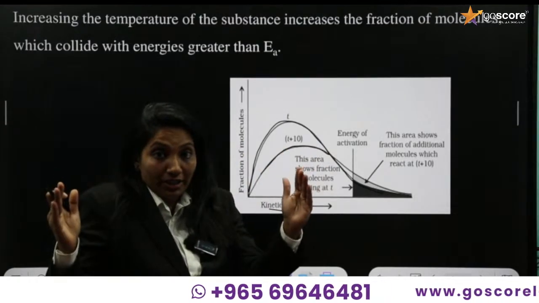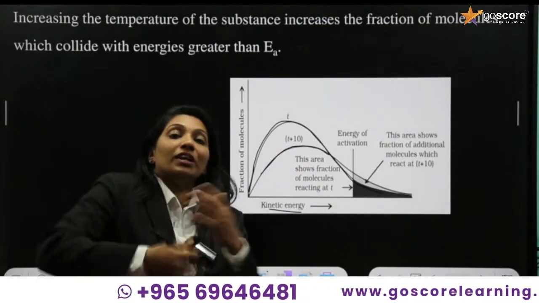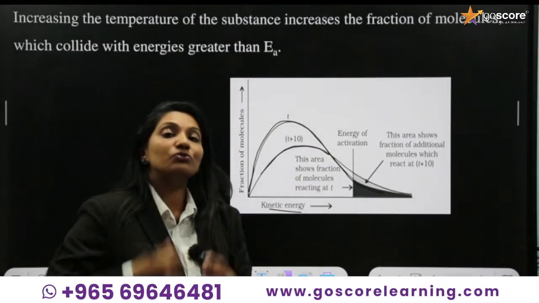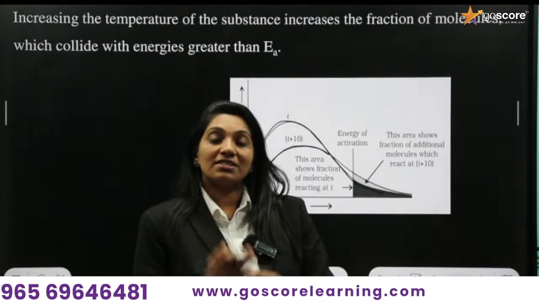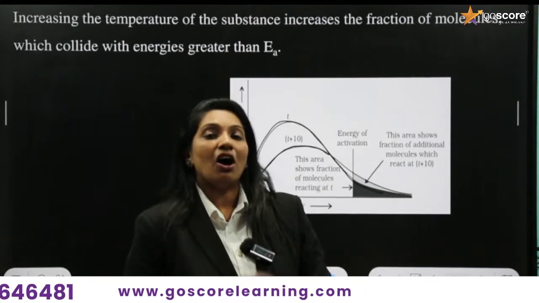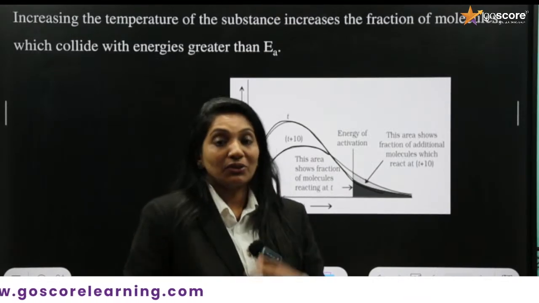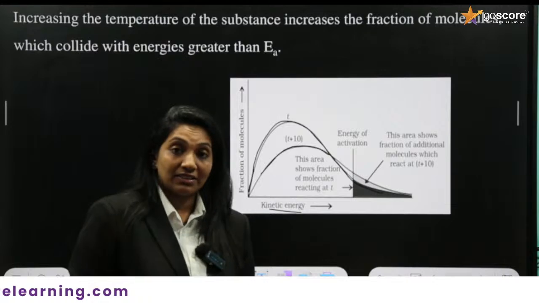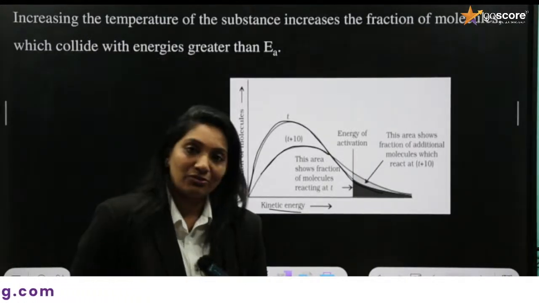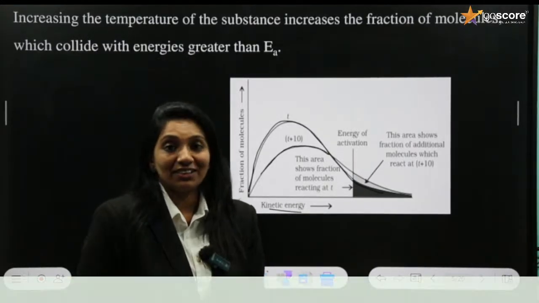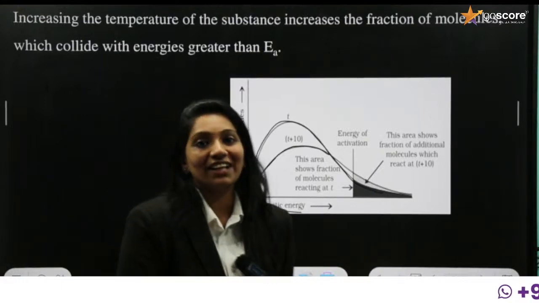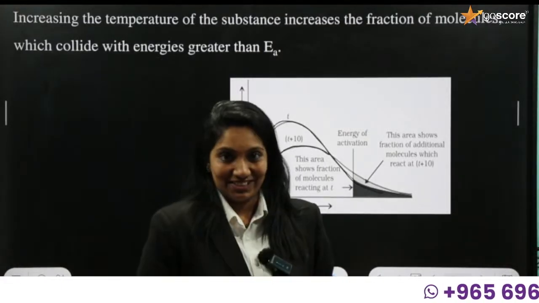That means more molecules, or a greater fraction of molecules, possess energy greater than the activation energy, right? So, there will be more reactant molecules colliding in a faster way. So, obviously what will happen? The rate of the reaction will also get increased.